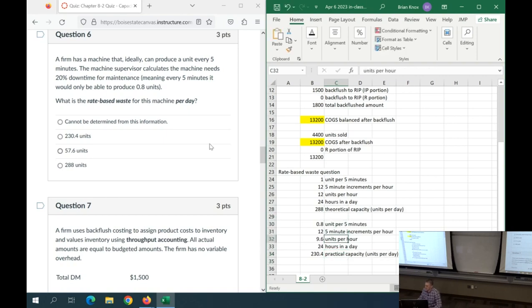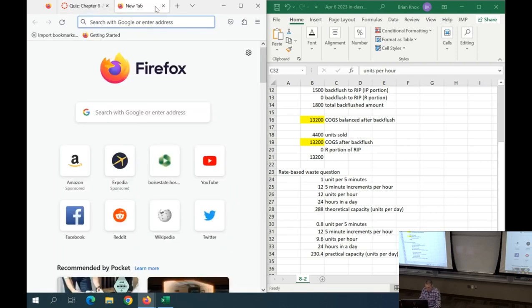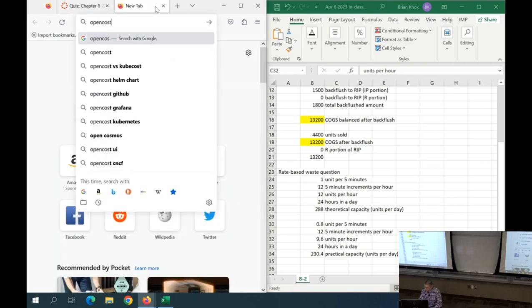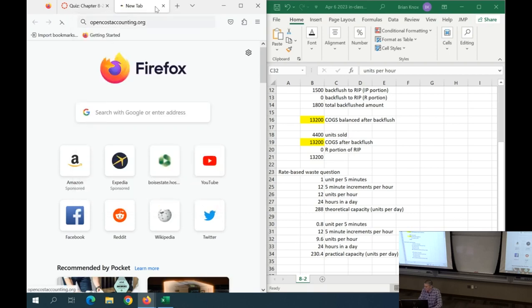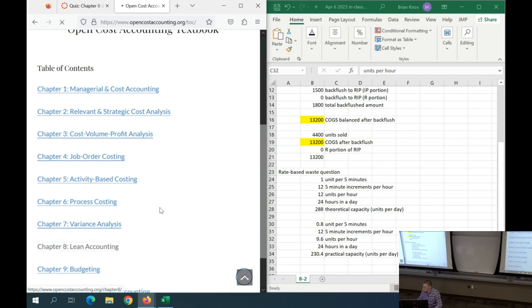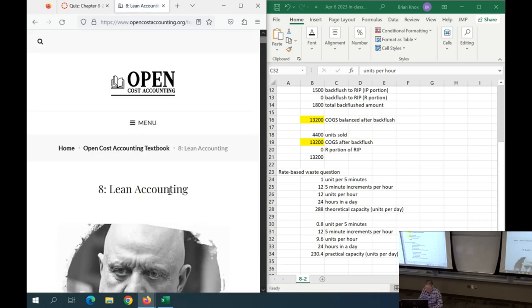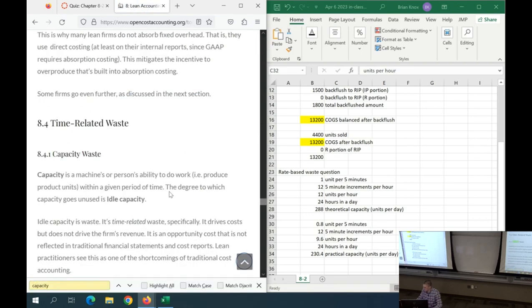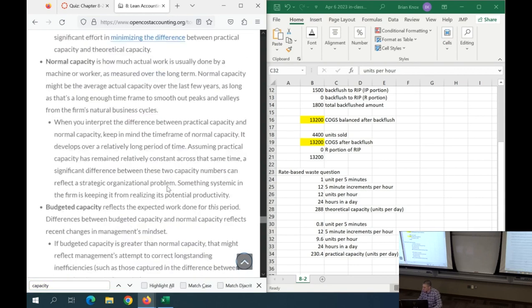All right, so the question asks what is the rate-based waste for this machine. Well, let's double check something here. Let's make sure we're not off our rockers. Let's go to the website, textbook, chapter 8. Go down to capacity, waste, capacity variances.